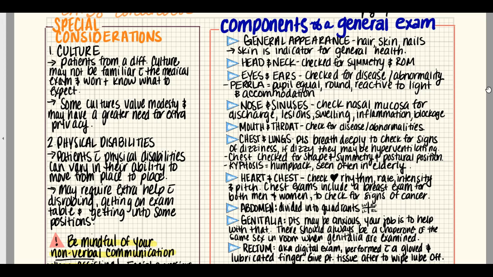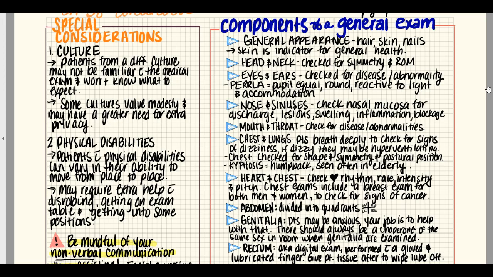So if there's a lot of rashes, lesions, bumps, bruising, things like that, it's usually a pretty good indicator that there's something going on that shouldn't be. And so since your skin is your largest organ, providers will often use that as an indicator for a patient's overall general health.